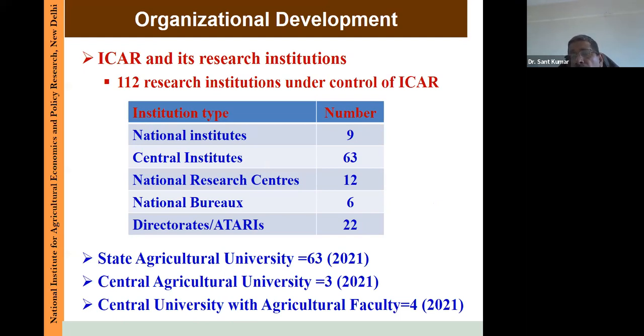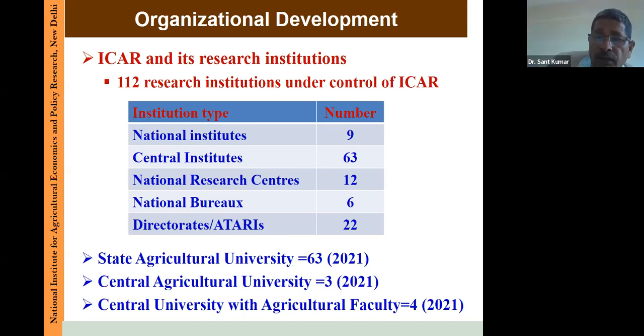We have national institutions dealing with national priorities, central institutions, national research centers, and national bureaus dealing particularly with the resources of animal, soil, and biodiversity. We have directorates, and we have 22 agriculture technology application research institutions.